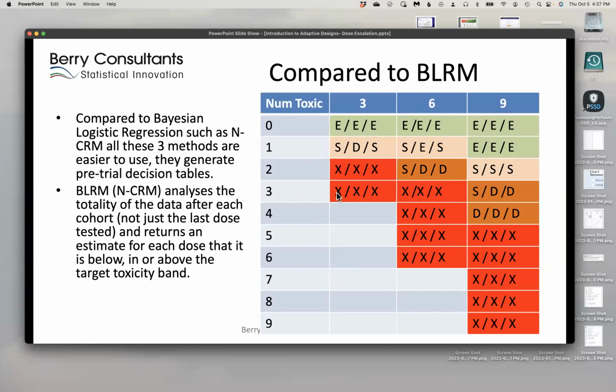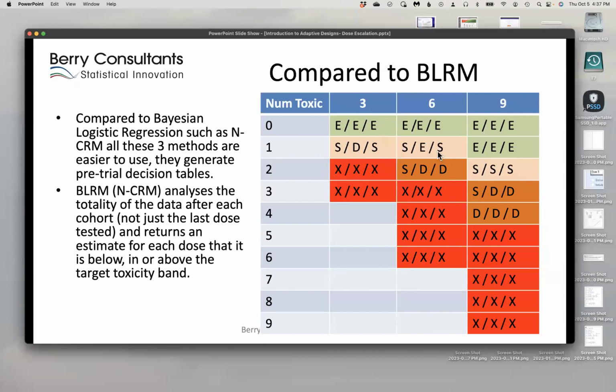So these different decisions correspond to the three different models: the I3+3, the MTPI, and the BOIN. Although maybe I've got MTPI and BOIN reversed. I think I have, because I think there's an oddity in the BOIN that with cohorts of 3, there's no decision to stay at the same dose until you've got a cohort of 9 with 2 toxicities.